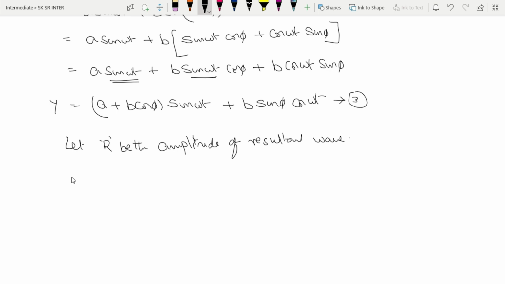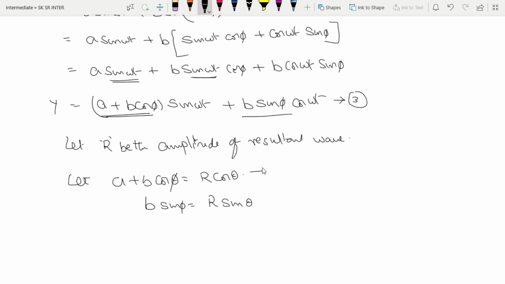So let the term a + b cos phi be equal to R cos theta. Similarly, b sin phi is equal to R sin theta. This is equation number 4 and this is equation number 5.